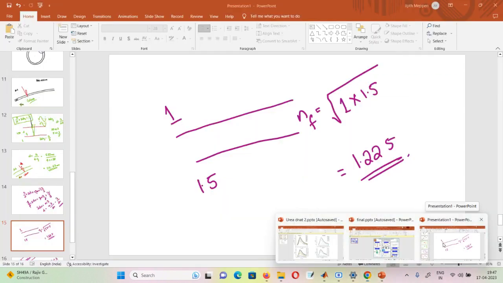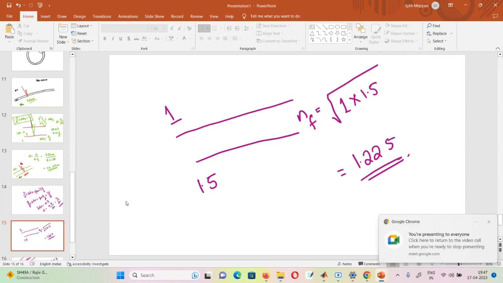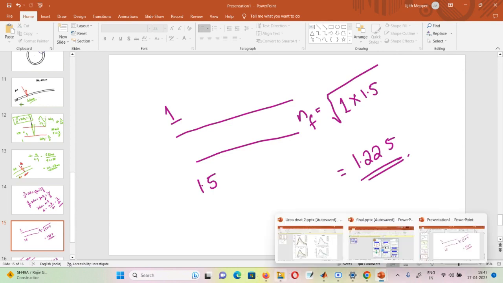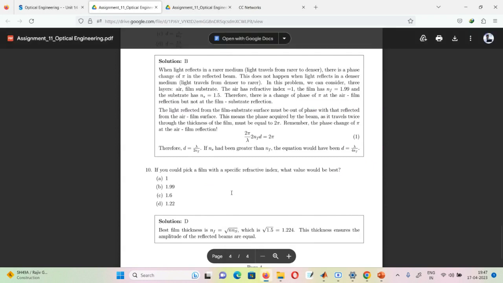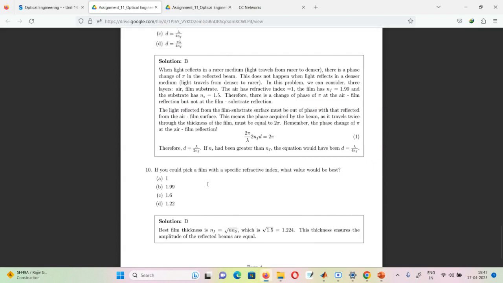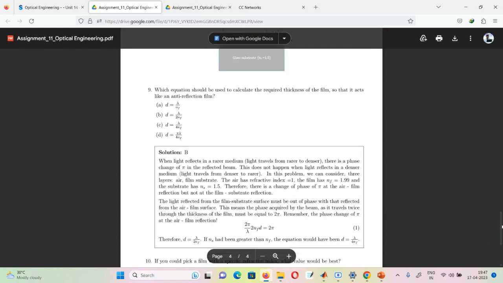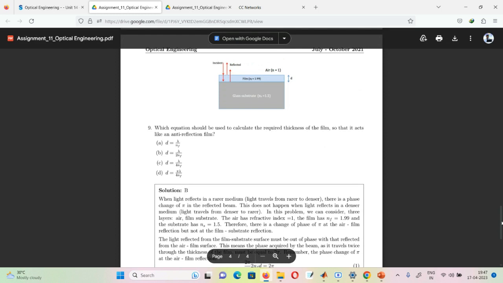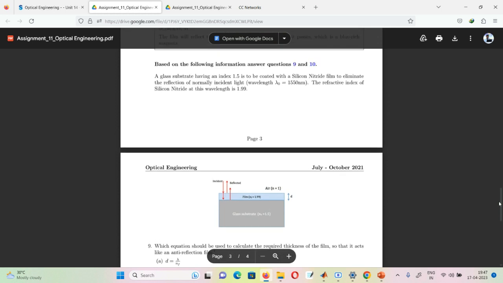Now, what is the meaning of specific refractive index here in this question? If you could have a film with a specific refractive index, the thing is, before, they said that the substrate is coated with an anti-reflection film, which they already said is silicon nitride.